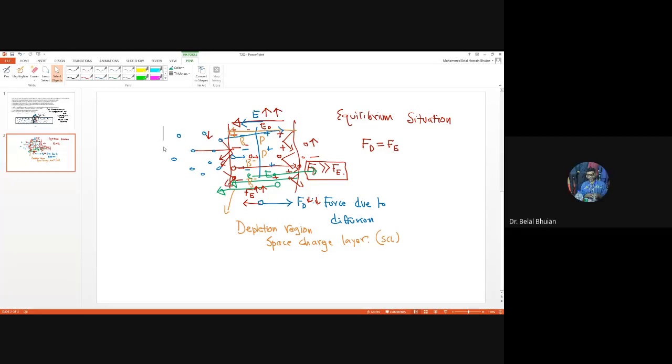So let's say we bring the positive terminal to the p side and the negative terminal to the n side. That means it is forward bias. When you apply a forward bias voltage, the holes will be pushed, because positive charges repel each other. As the holes are pushed, some of the holes will enter the depletion region.